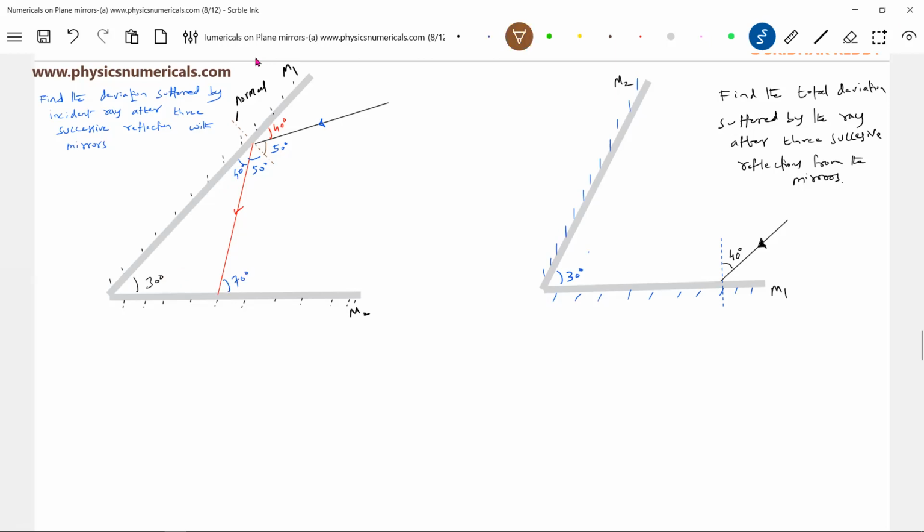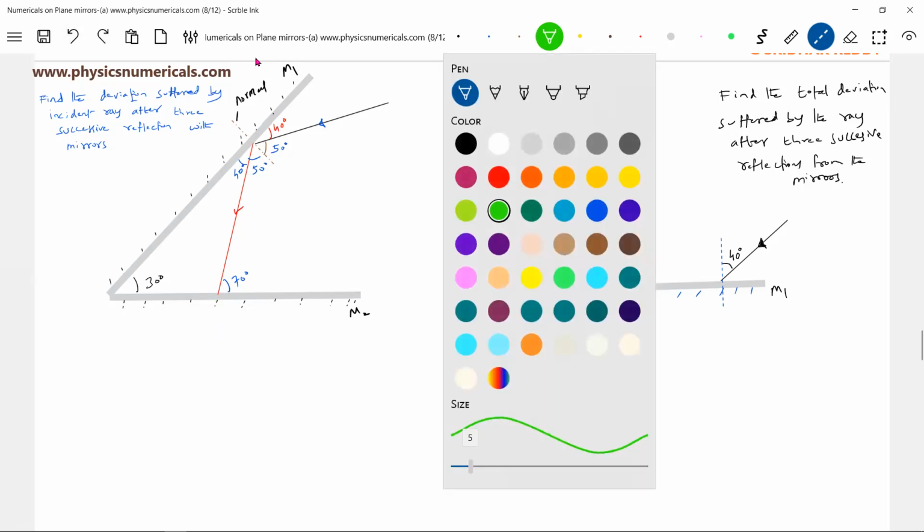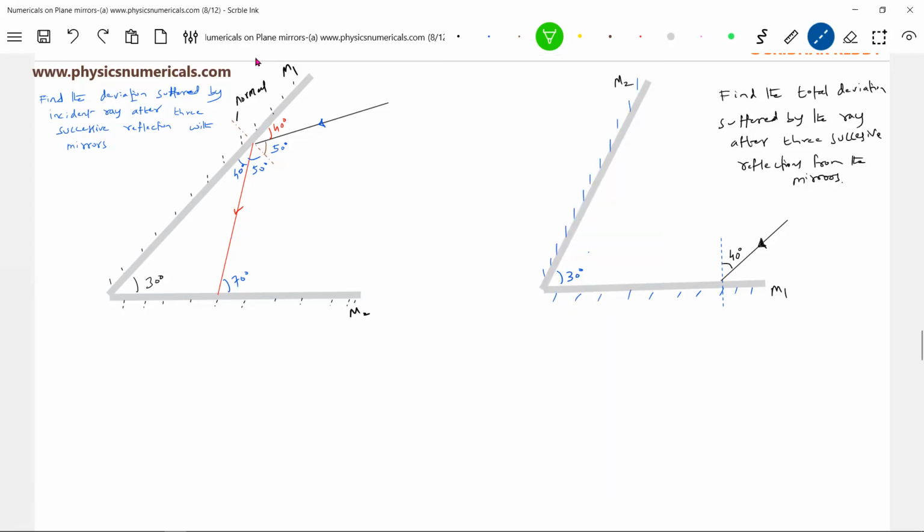Okay, now we'll go for the normal. Getting the normals is very important. Okay, what can be this other angle?